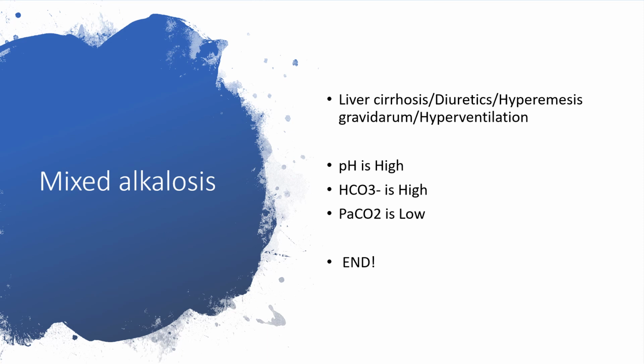Here the pH will be high, bicarbonate will be high, but instead of compensation, having the respiratory system to give us high CO2, that is to retain CO2 to give us respiratory acidosis in the face of metabolic alkalosis, we will not get that. We will also get respiratory alkalosis with the drop in CO2. I mean, low carbon dioxide or low carbon 4 oxide.